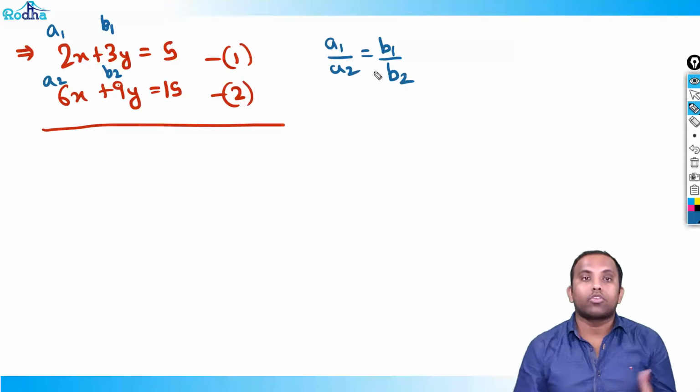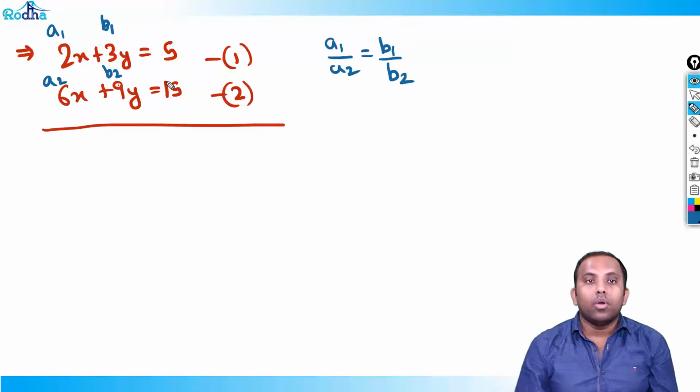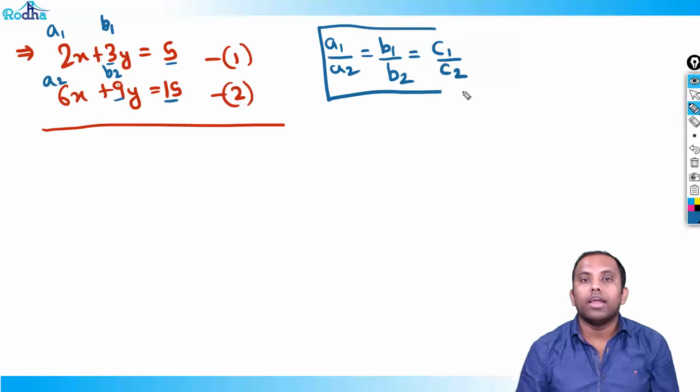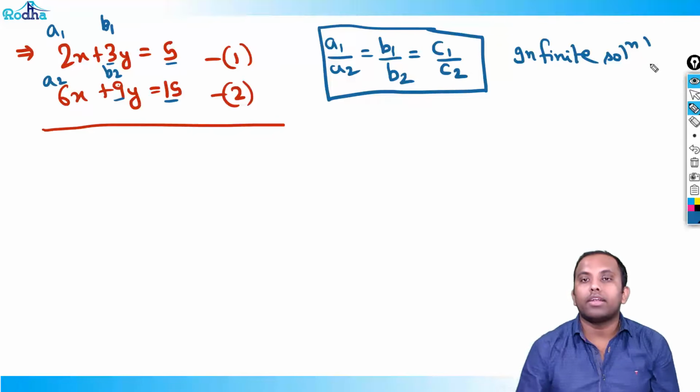Also, this is equal to c1 by c2, because 2 by 6 is 1 by 3, 3 by 9 is 1 by 3, and 5 by 15 is also 1 by 3. So if this is true, in this case we'll have infinite solutions. Why will we have infinite solutions here?